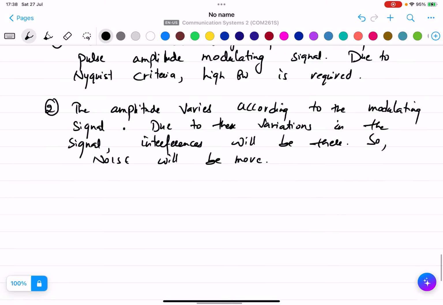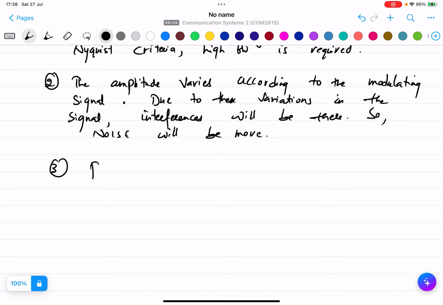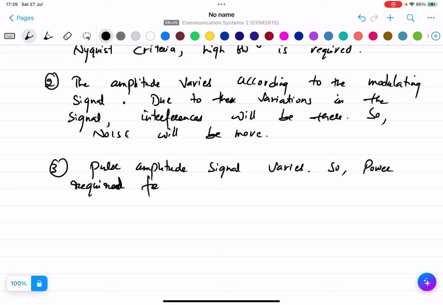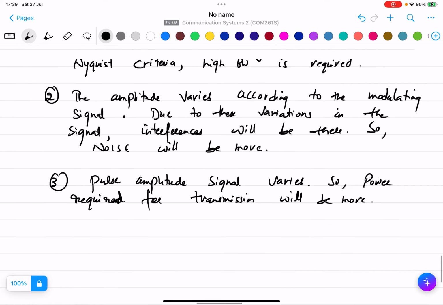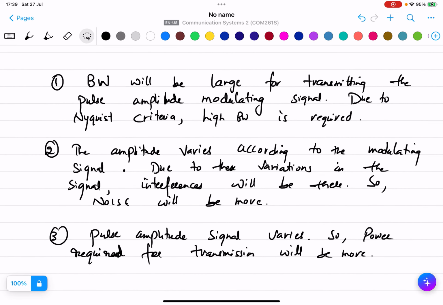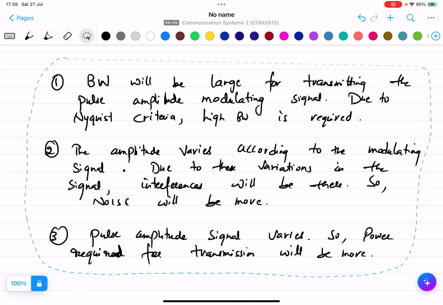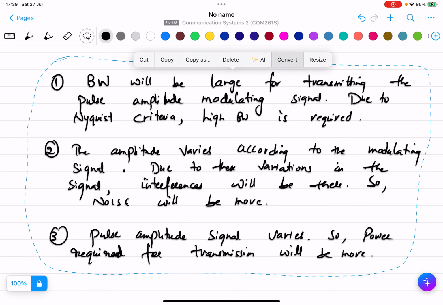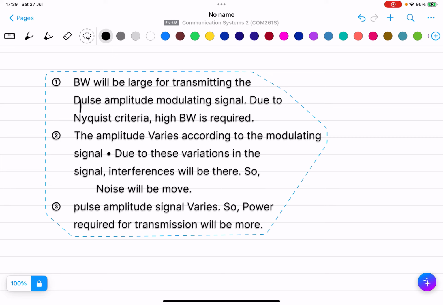And the third one is the pulse amplitude signal varies, so power required for transmission will be more. Okay, so please remember what are the three disadvantages of this. Bandwidth required will be more, because the amplitude varies according to the modulating signal.